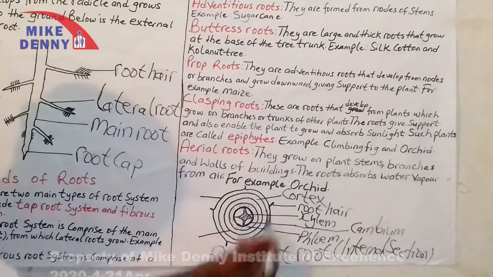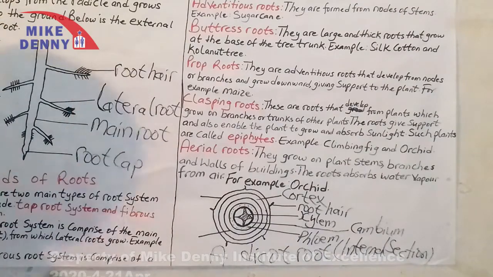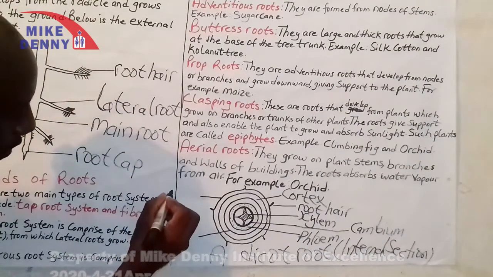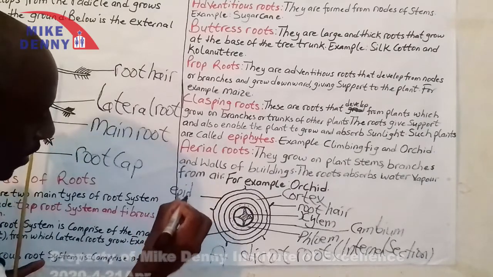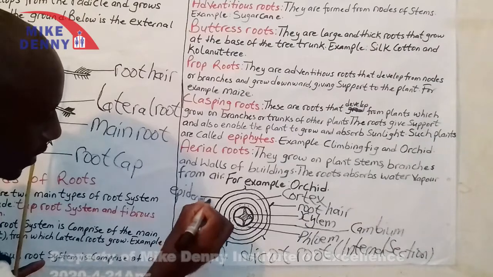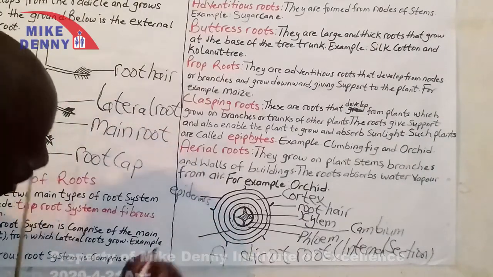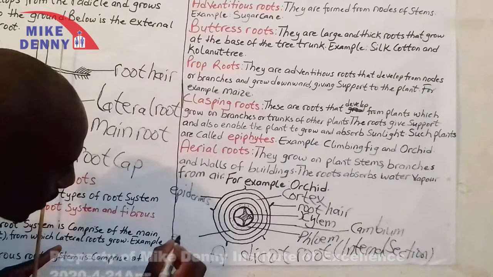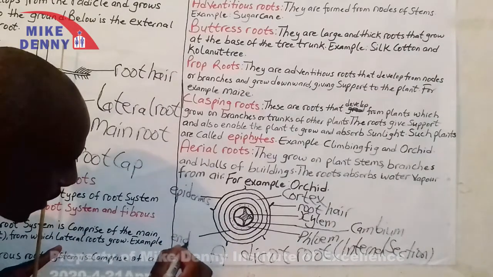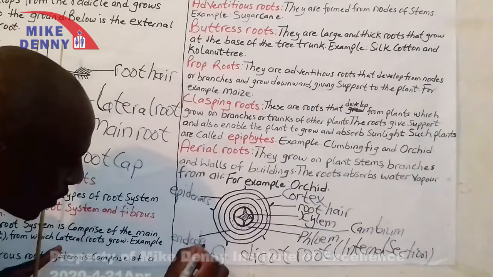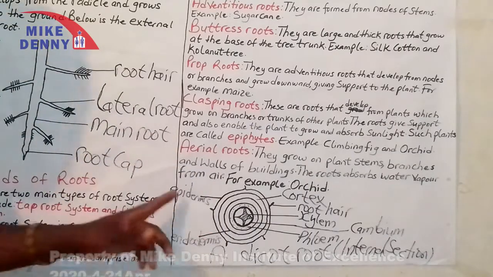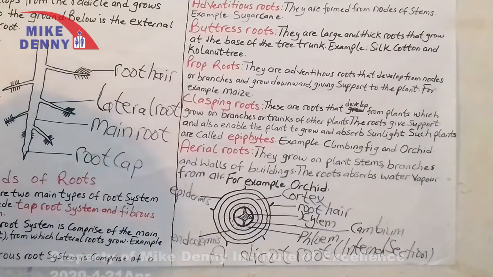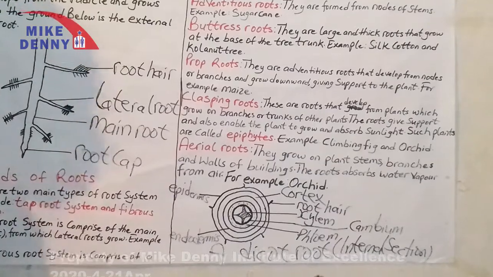Then on this side, this external surface of plants, we call this epidermis. Then this one here, we call it endodermis. Epidermis, endodermis. So these are parts that make up the internal section of the dicot root.